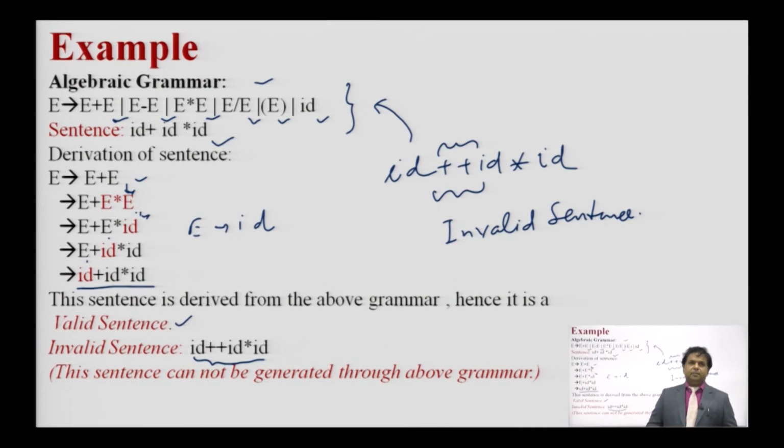Next, we took the example of the algebraic grammar. We take a grammar of E derives E plus E, this is a standard grammar, and we try to find out how we can derive the sentence with the help of grammar by using the derivation of sentences. Then we can also find whether the grammar is accepting your sentence or not.